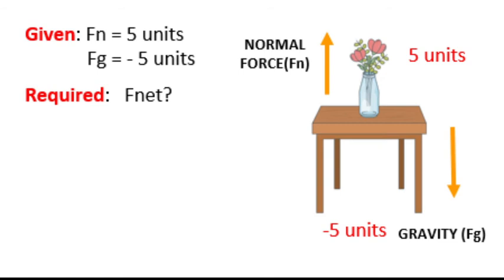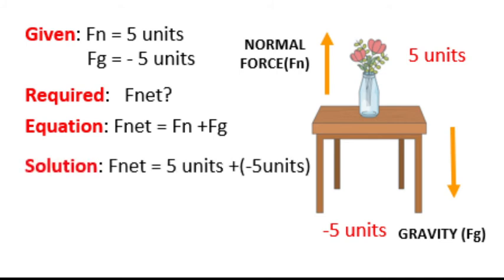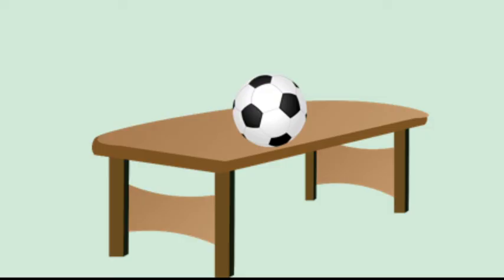Required: net force. Equation: net force is equal to normal force plus gravitational force. Solution: net force is equal to 5 units plus negative 5 units. The answer is 0. Therefore, there is no motion produced or the object is at rest.